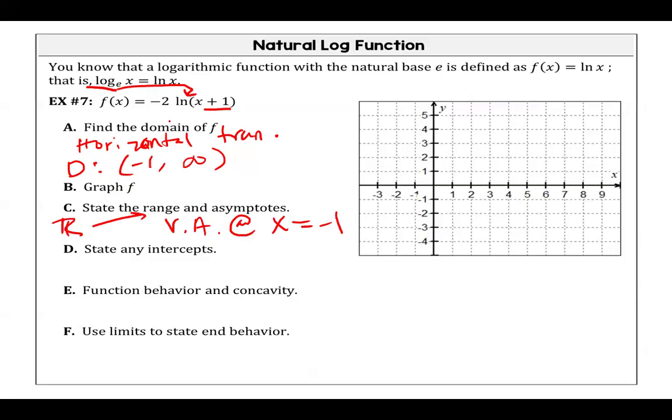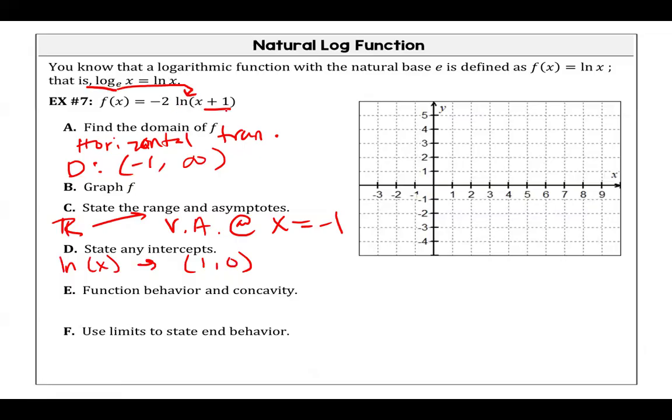For all parent functions of logs, if you have natural log of x, your initial intercept is going to be at (1, 0). Everybody's intercept is going to be at (1, 0). That's natural log. Well, this was transformed, right? So therefore, these transformation rules have to apply. The transformation rule being applied here is what?